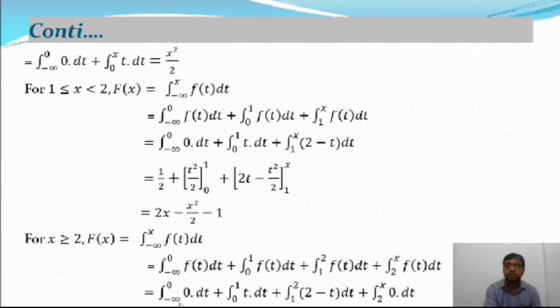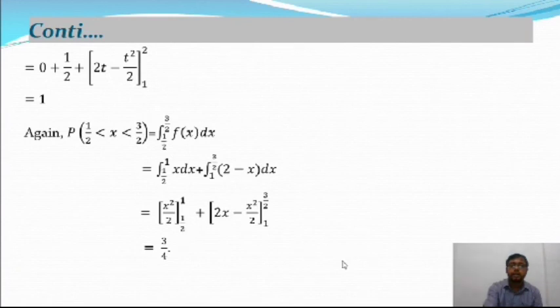First part, minus infinity to 0, in that interval the density function is 0. 0 to 1, the density function is t. 1 to 2, the density function is 2 minus t, and 2 to infinity, the density function is 0. After that it will give the value of this integration, and it will give 1.